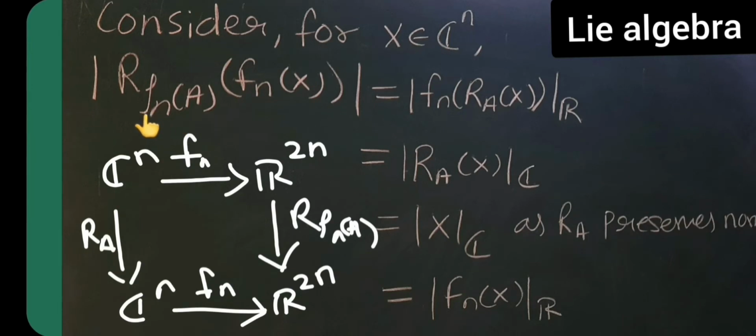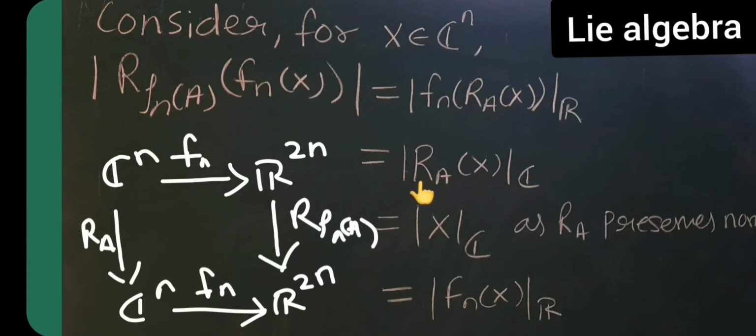Now I have taken the modulus, or I can say the norm, of rho n of A into fn of x, which is equal to fn into RA of x. So I have just interchanged this, and I have written this as RA of x.